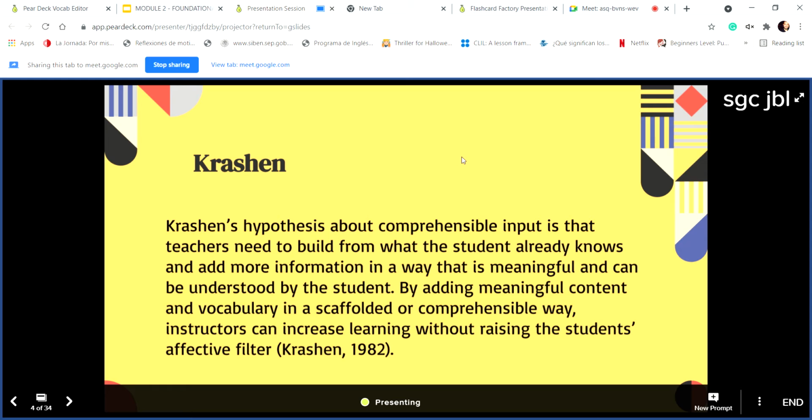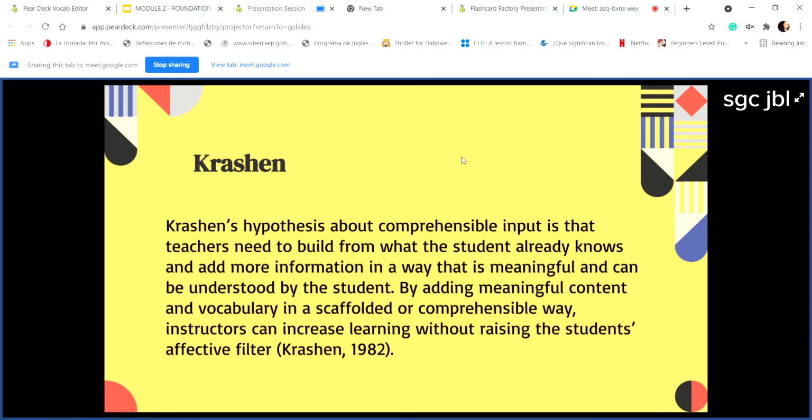By adding meaningful content and vocabulary in a scaffolded or comprehensible way, instructors can increase learning without raising the student's affective filter. What is the relationship that you have with the language that you are teaching? What is the relationship that your students have with the L2 they are taking the class from?